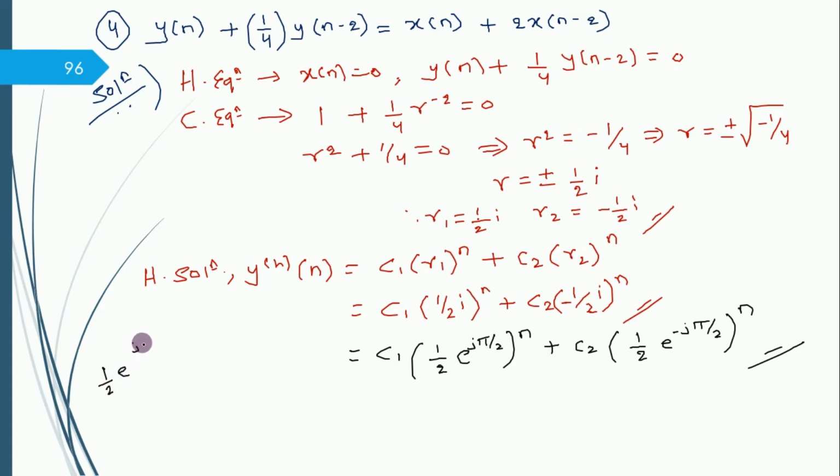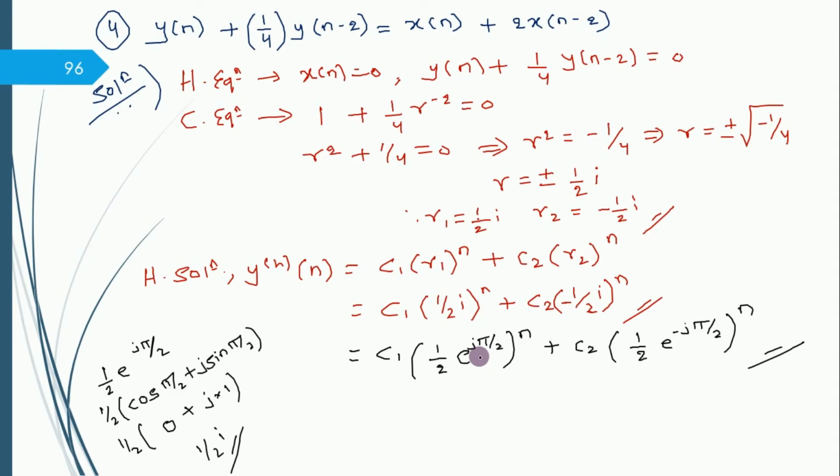This can be written, by Euler's formula, e raised to j theta is cos theta plus j sine theta, where theta is pi by 2. Half of cos pi by 2, which is 0, plus j sine pi by 2, which is 1. So you get 1 by 2 j, or i, both mean the same. So in place of 1 by 2 i we are writing this.